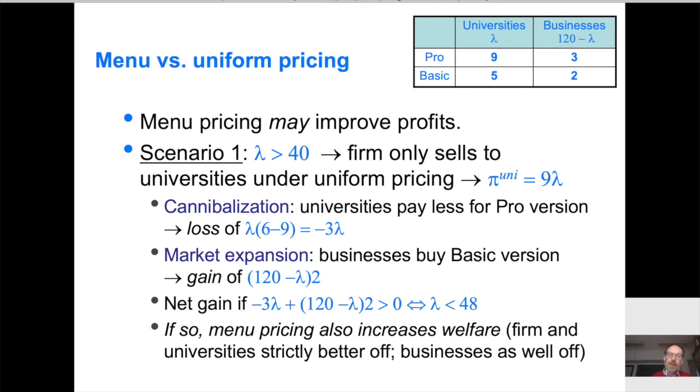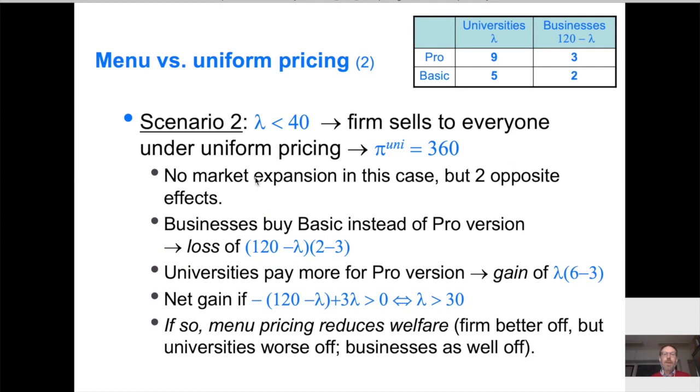Let's look now at the second case. In this second scenario, we have a small number of universities which under uniform pricing would lead the firm to sell the pro version at a low price of 3, so as to sell to all the consumers. Okay, in that case, the profit would be equal to 360.